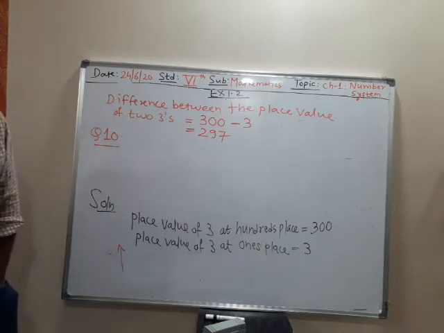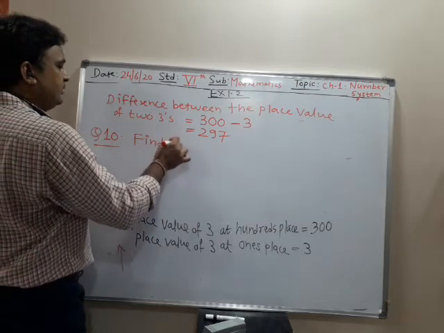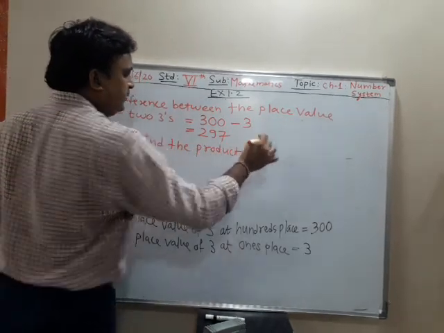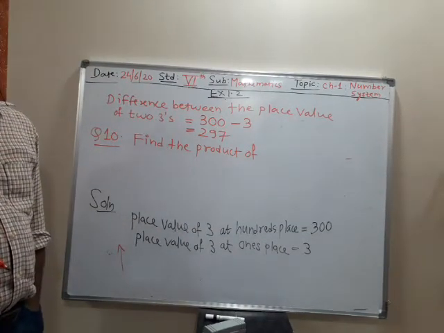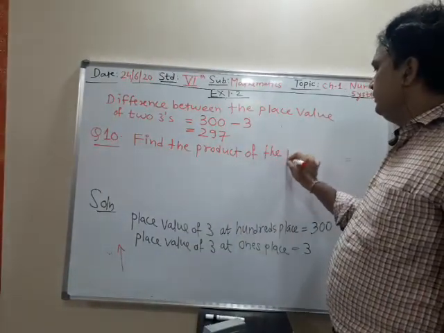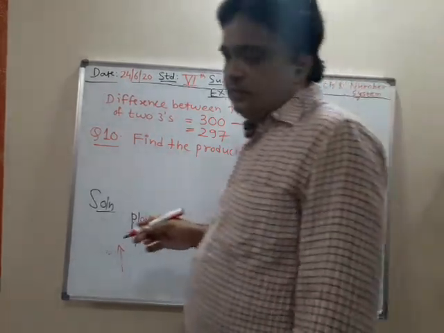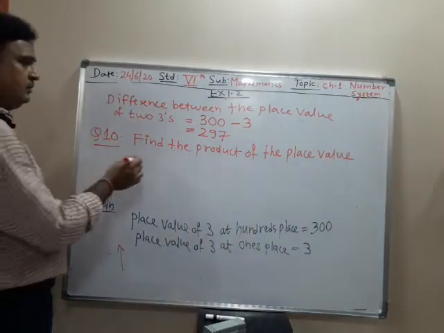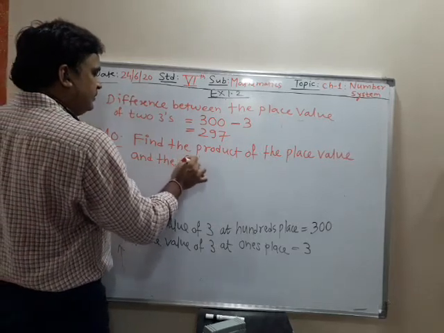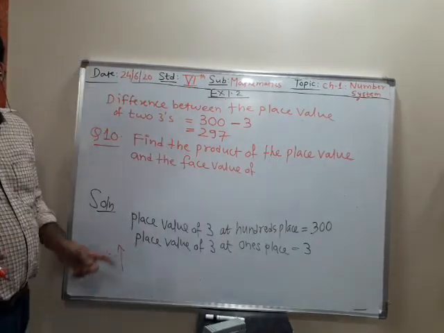Find the product of the place value and the face value of digit 8.